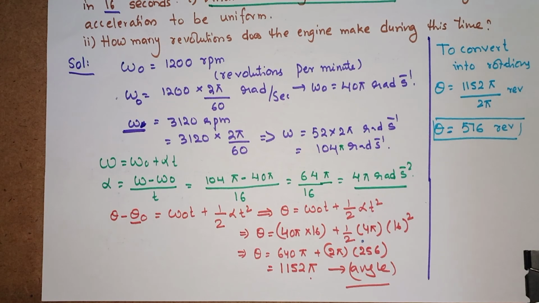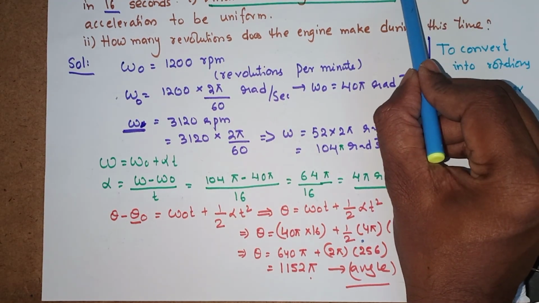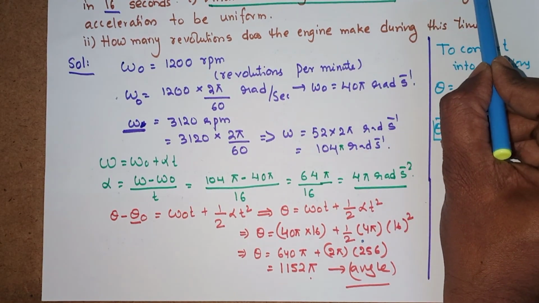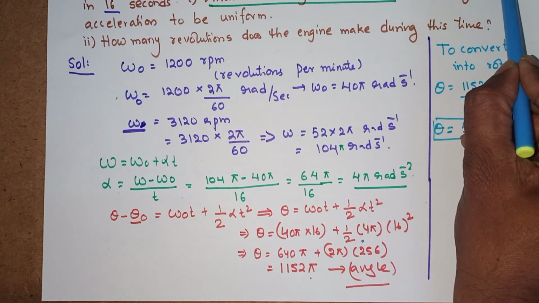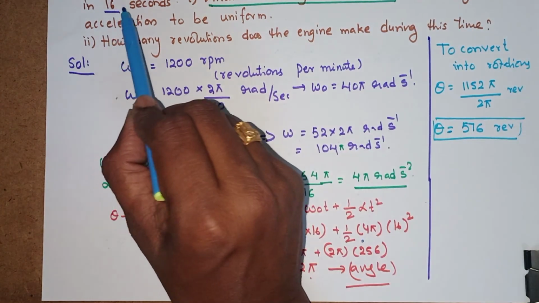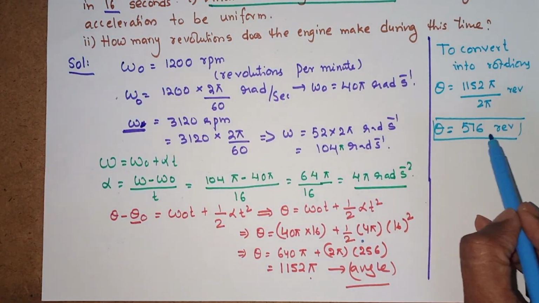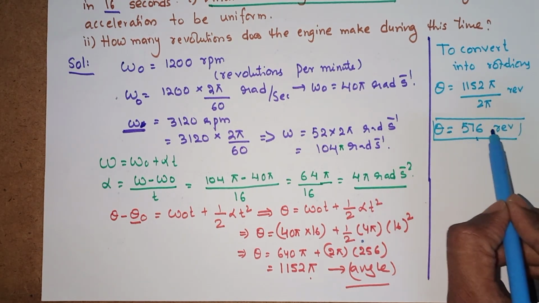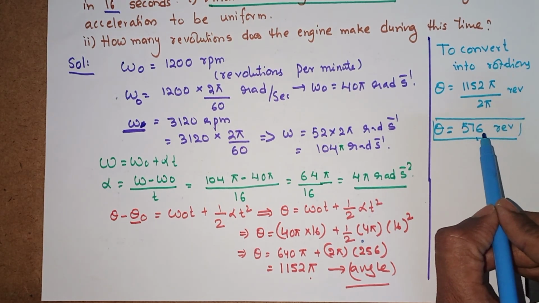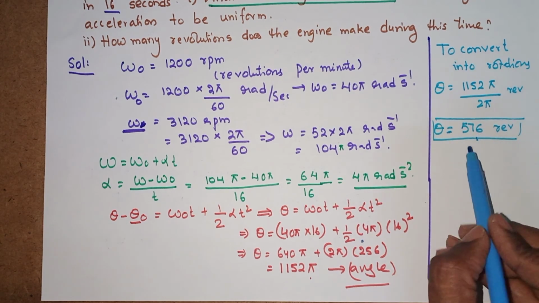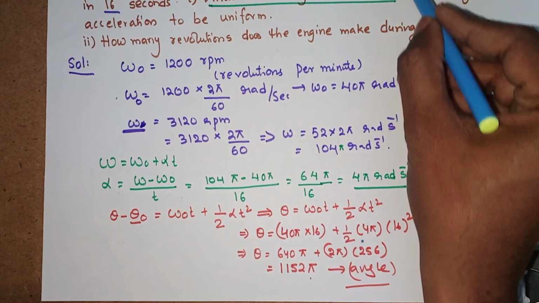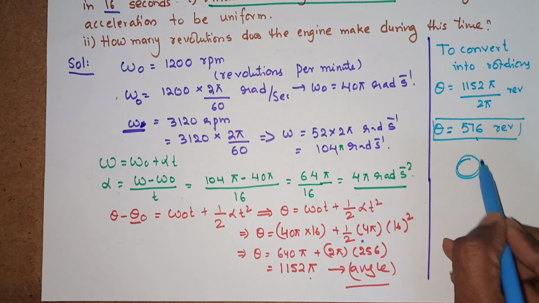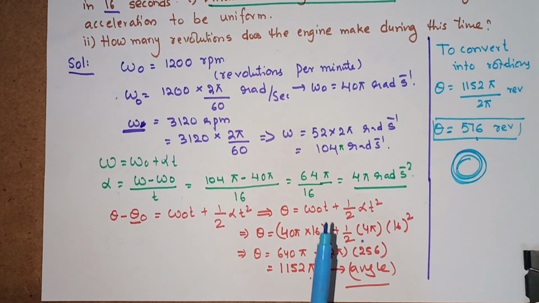So during the change of velocity from 1200 to 3120 revolutions per minute in the 16 seconds, it has completed 576 rotations or revolutions. That is the question they asked.